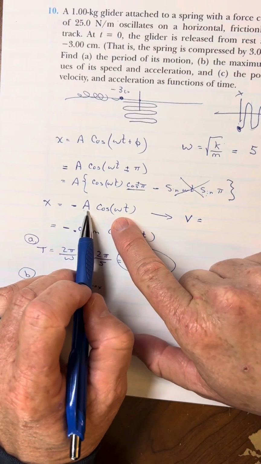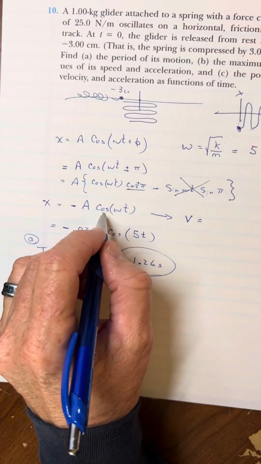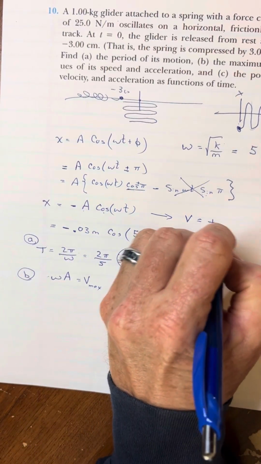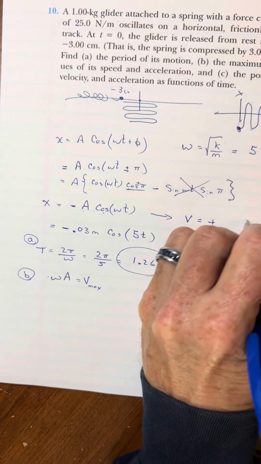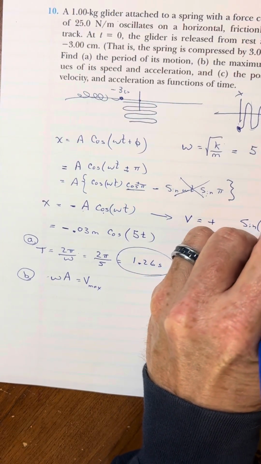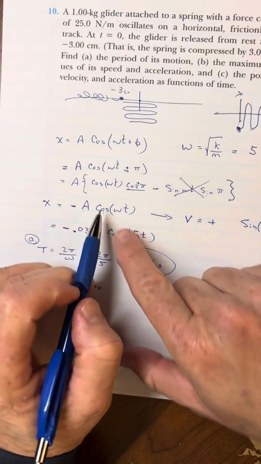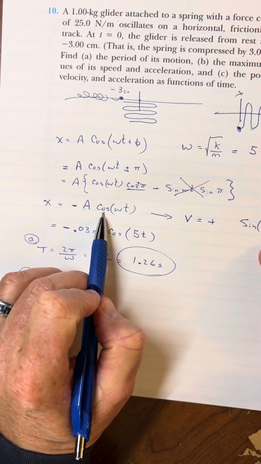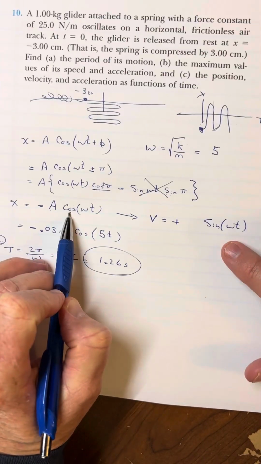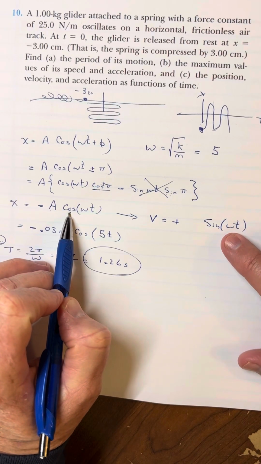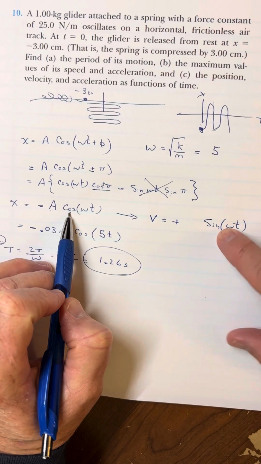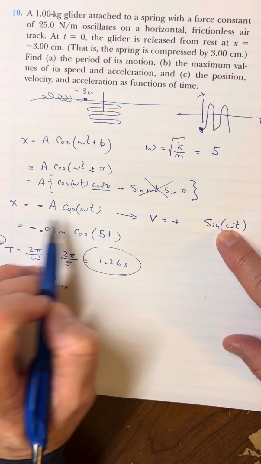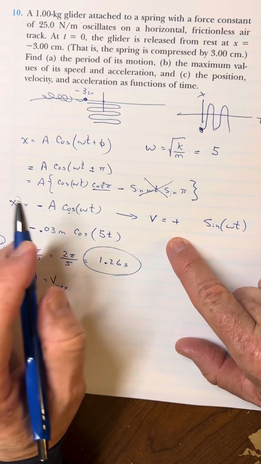When I take the derivative, a cosine is converted into a sine, and there's a minus sign, so the 2 minuses go away. That's why it's positive.